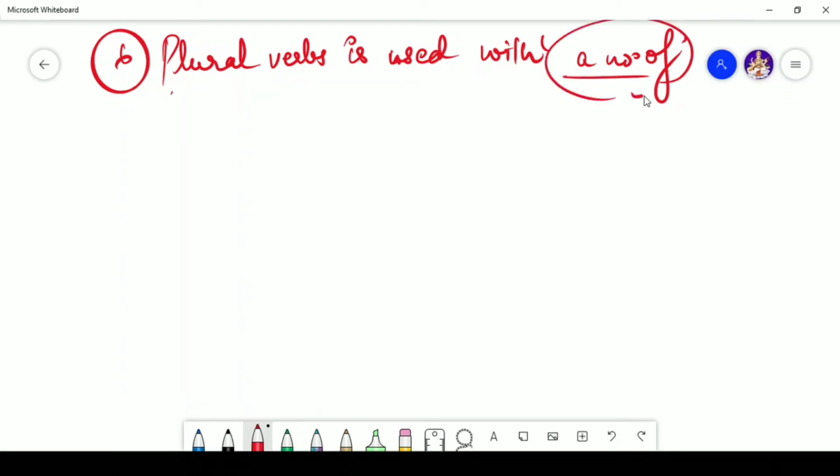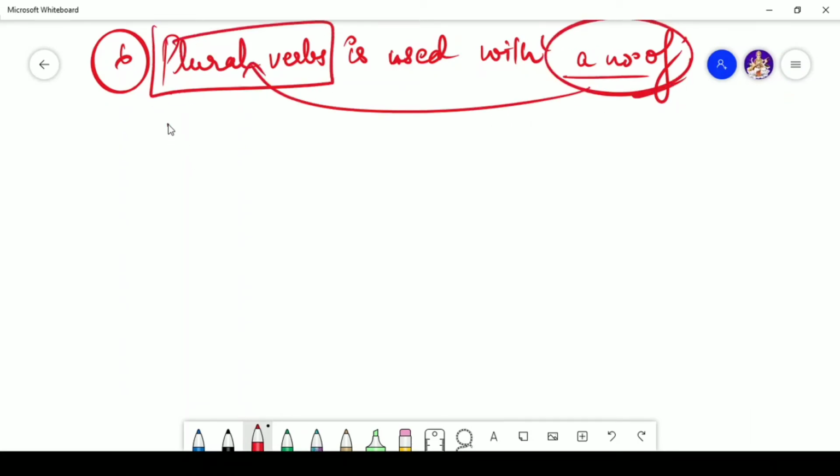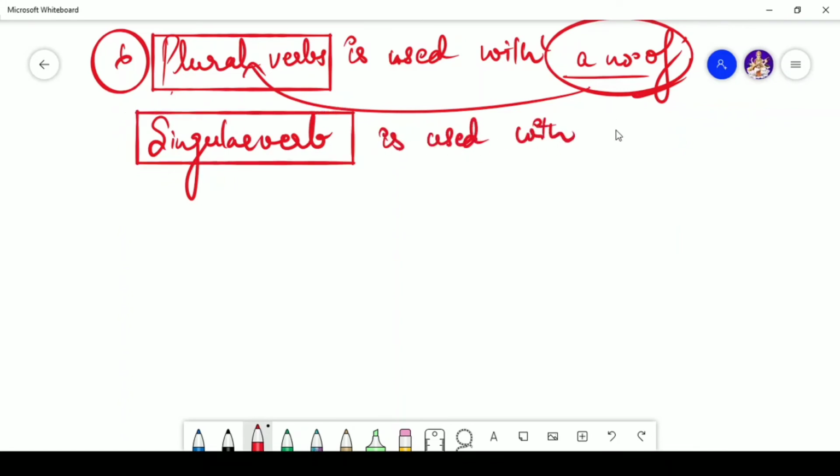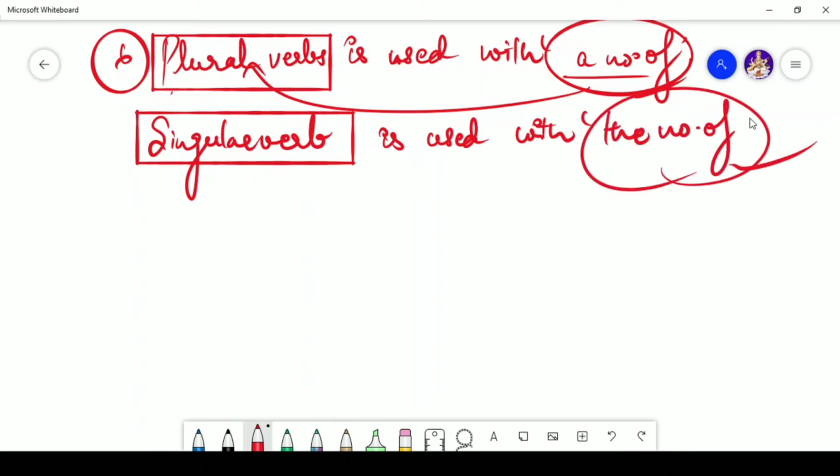Whenever you are making use of a number of, plural verbs are used, while singular verb is used with the number of. So remember this, whenever you're talking about a number of, you're going to make use of a plural verb, but when you're talking about the number of, you're going to make use of a singular verb.